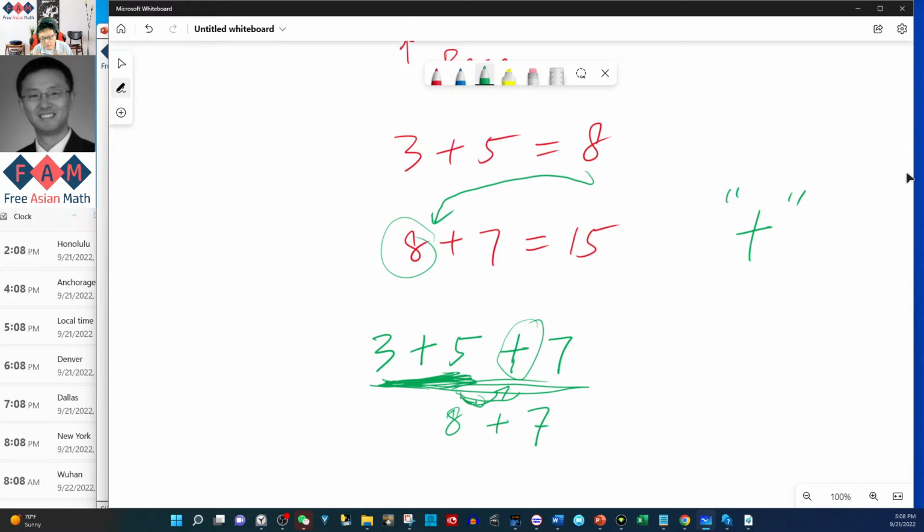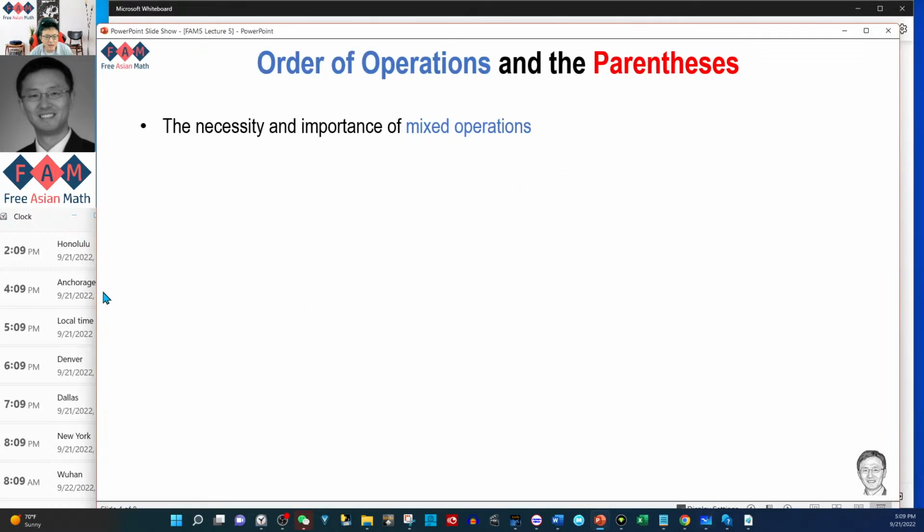Sometimes the logical order among those complicated operations could be inconvenient for us if we have to put them into left to right order, and sometimes it's simply impossible. So we really need to specify a well-accepted, well-defined set of rules about how we perform such complicated operations if we mix them up.